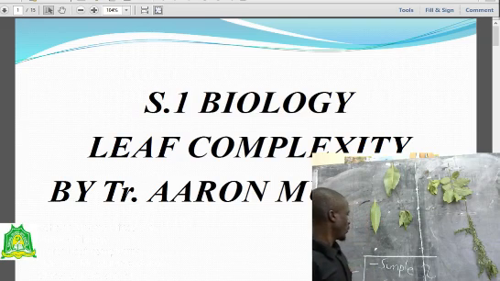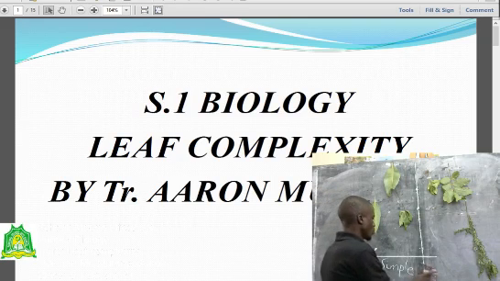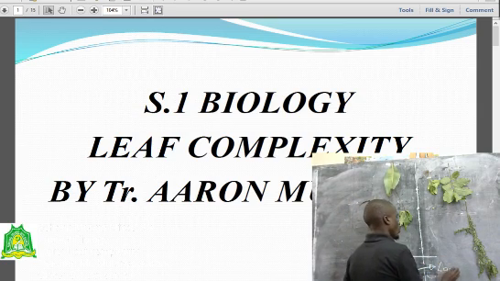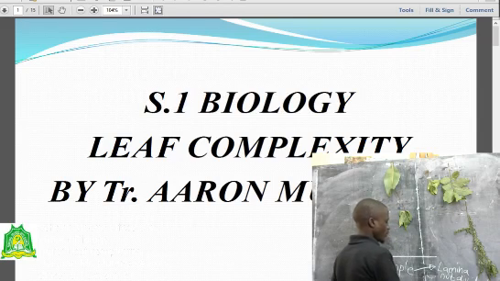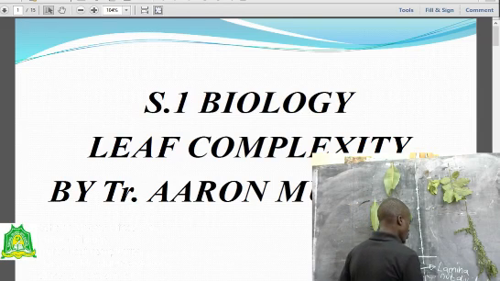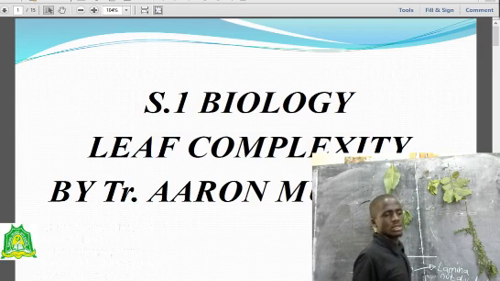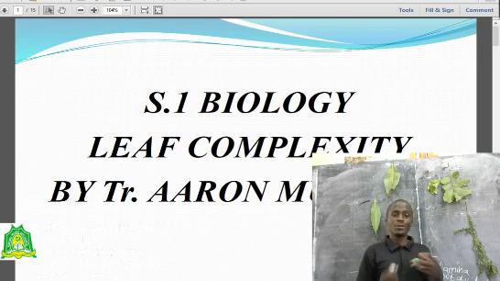So the simple leaf is a leaf whose lamina is not divided. By lamina, we mean the leaf surface, which is not divided into what we call leaflets. Whereas in a compound leaf, the lamina, the leaf surface, is divided into what we call leaflets.